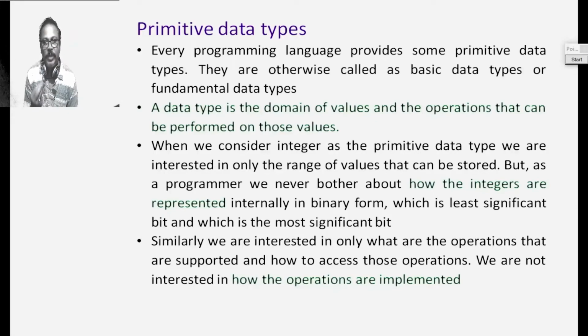So as a programmer, you don't bother how the integers are represented, how many bits are used, what is the least significant bit, what is the most significant bit, and how the operations are implemented. You just know what the data types are and how to use them.